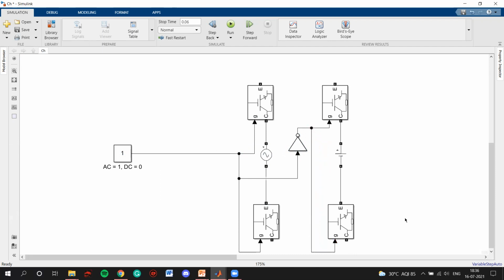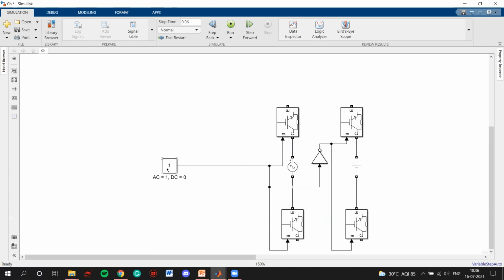Right? So the logic behind this is, when we require AC, we put the value of this constant block as 1. So 1 will go here, and it will energize this and this particular IGBT. And because of the NOT gate, it will de-energize this and this particular IGBT. So the DC source will be isolated from the circuit.